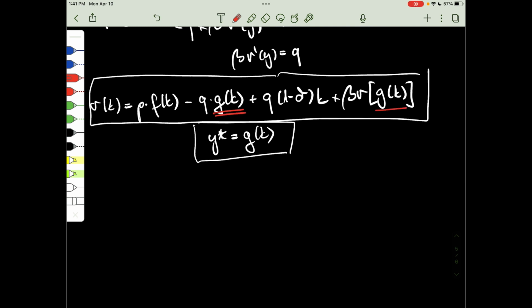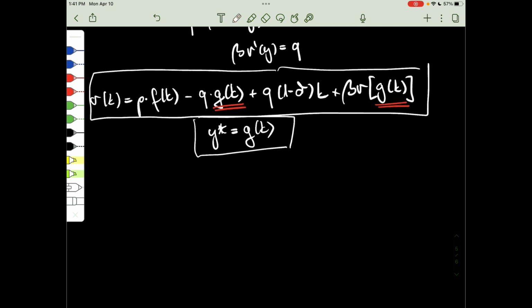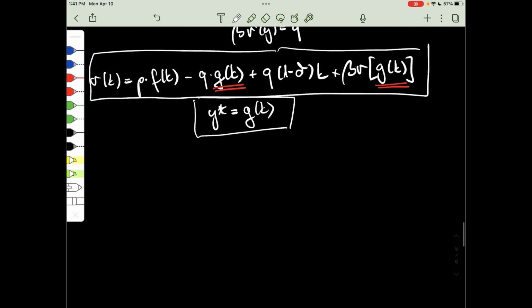We don't need to pay attention to how the change in the capital stock affects the optimum value through the policy function.